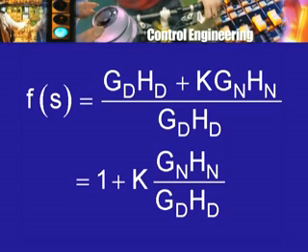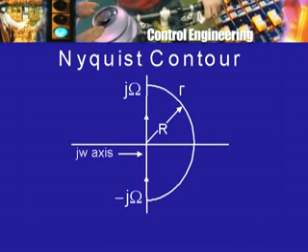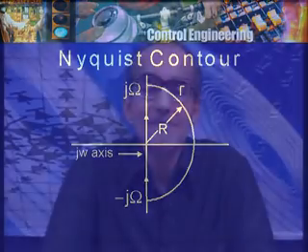The denominator is GD HD. These are the poles of G and the poles of H. If there are any, then they are also known. So these poles are known, these zeros are unknown, but they are going to be finite. Therefore, we will have to consider the situation of a contour such that the radius of it is sufficiently large. How large exactly, we really do not need to know.